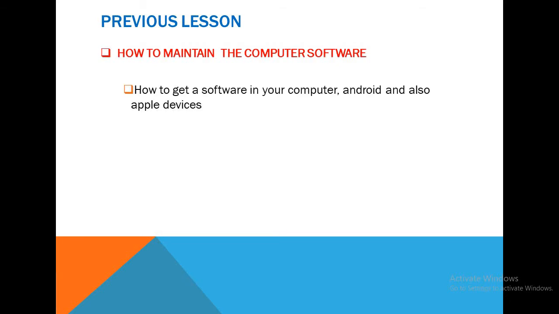Now, in our previous lesson, we looked at how to maintain the computer software, and during this time, we learned how to get software in our computer, our Android tablet, and also in our Apple device. And I told us that getting software in our computer comes in two ways.